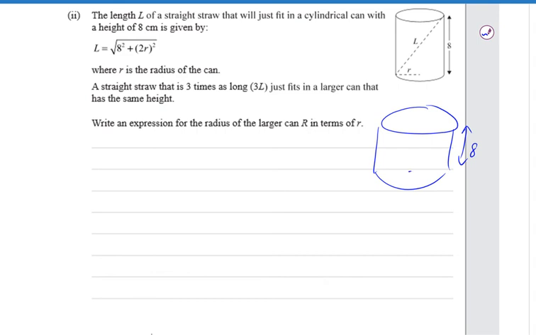So this larger can has a radius of capital R, and this diagonal length here is 3L.